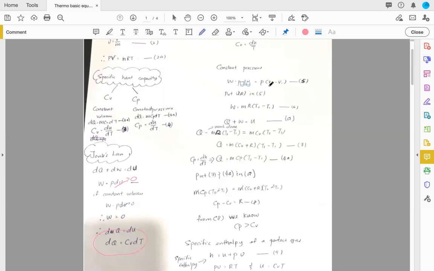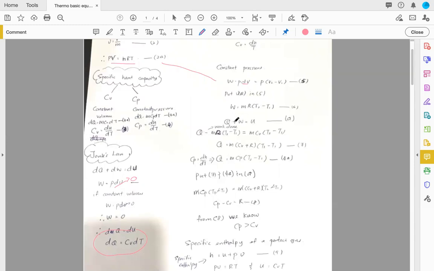So we have V2 minus V1. Now we put equation 2a, PV equals MRT, into this equation. So we have W equals to M R, the MRT. So the T is changing, right? So we have equation 6 here.